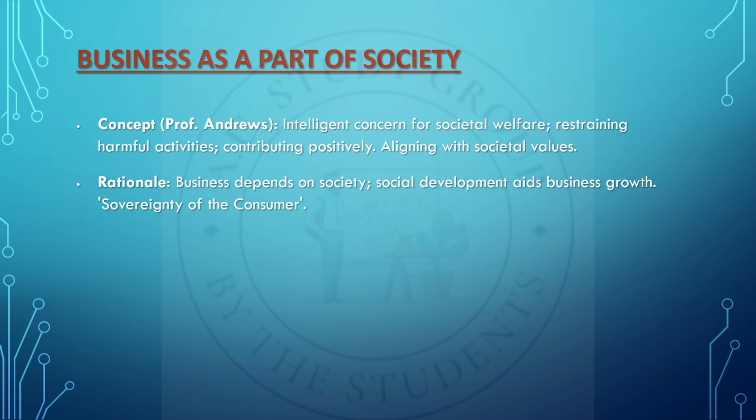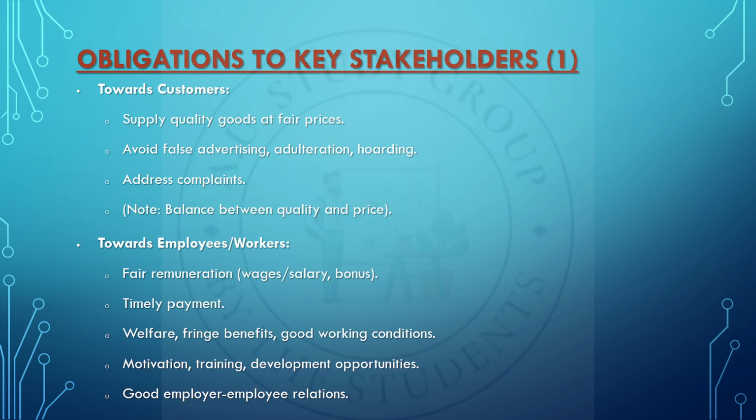All of these are social objectives and social responsibilities. Now let's try to understand the social responsibilities of a business. There are different stakeholders of a business, so let's understand the social responsibility towards the different stakeholders.